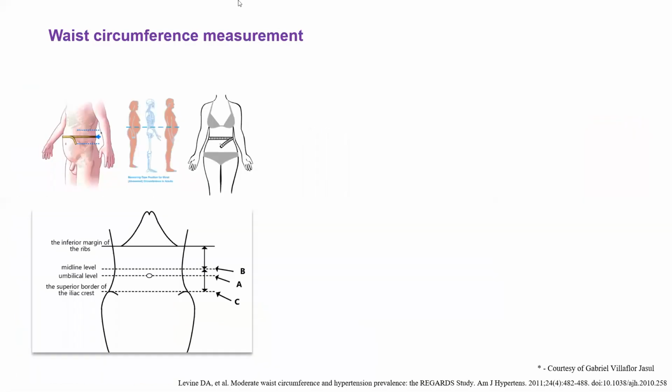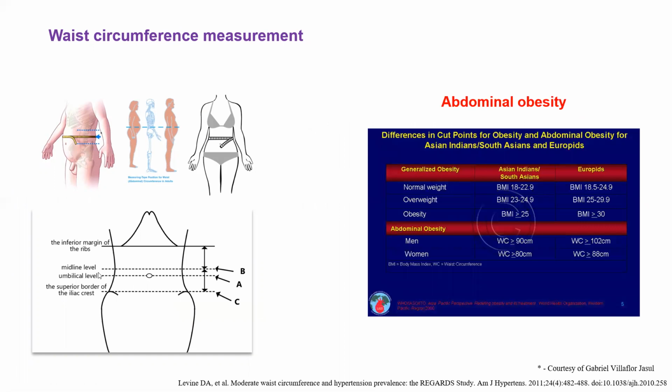The next approach is waist circumference measurement. The waist circumference can be measured with a simple non-elastic centimeter strip, and we measure in the middle of the distance between two points. The first point is the inferior margin of the ribs, and the second point is the superior border of the iliac crest. What is the normal level of the waist circumference?